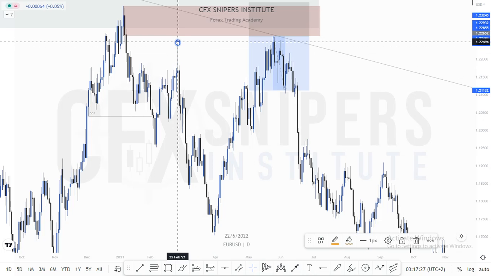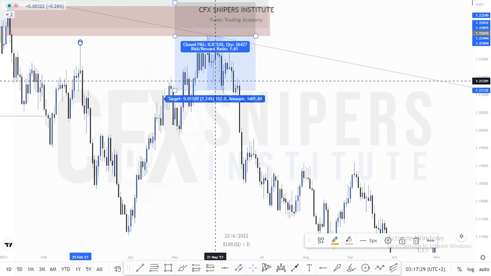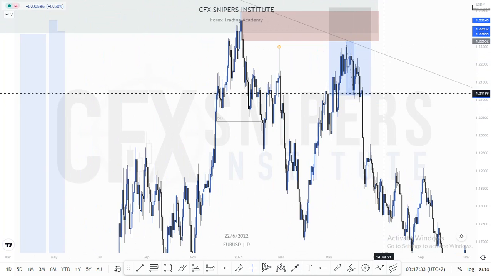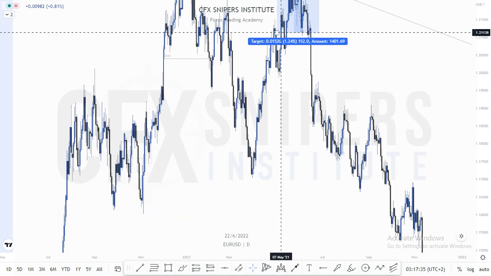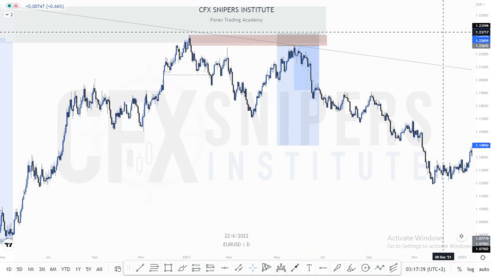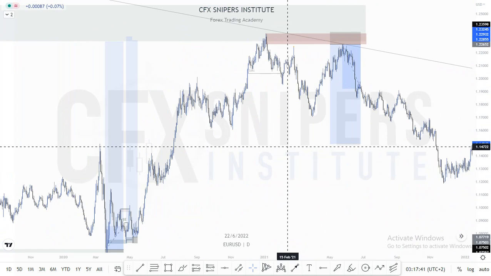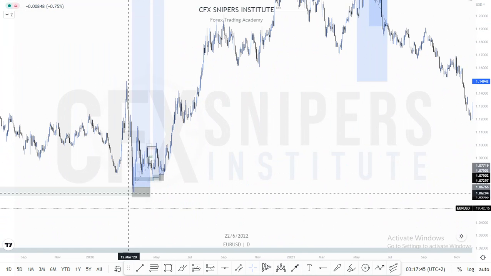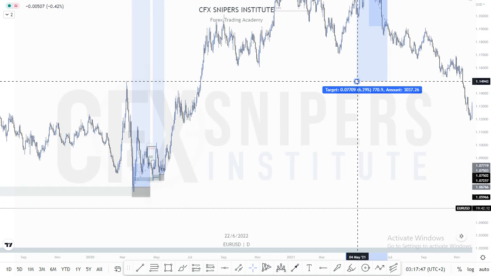Seeing that we took this trade, we know most of the time the take profit is going to be the opposing zone. The opposing zone is the demand zone. We are already done with this demand zone, so we are targeting the next demand zone here.